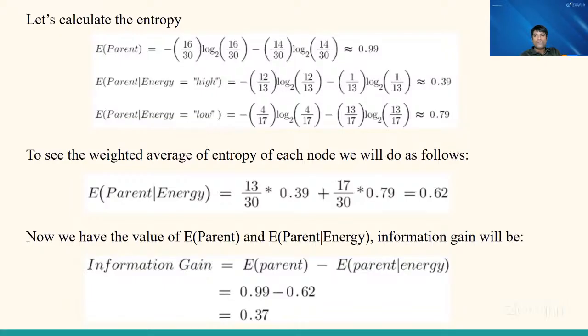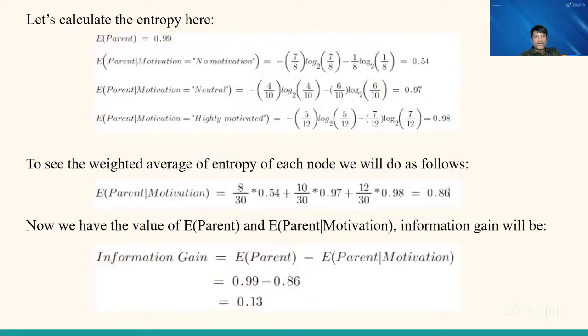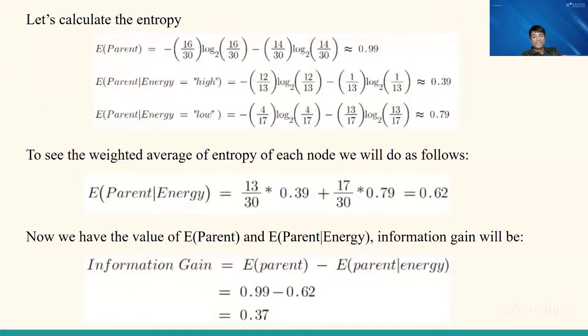And here we have only two features. One is energy and one is motivation, right? So in these two, for the second one, the information gain is only 0.13, right? And for this, the information gain is 0.37, right? So it's a pure mathematical calculation which happens inside a decision tree. Which value is higher, 0.37 or 0.13?